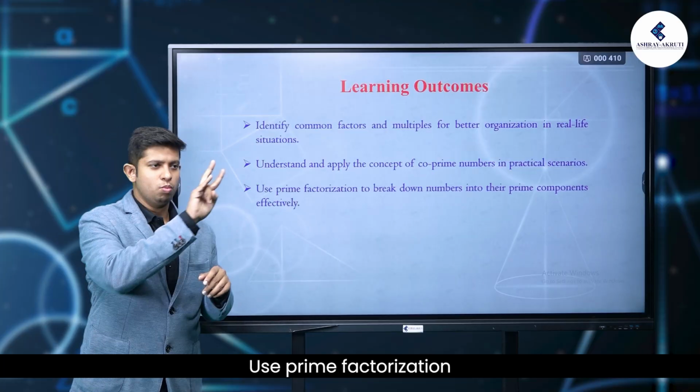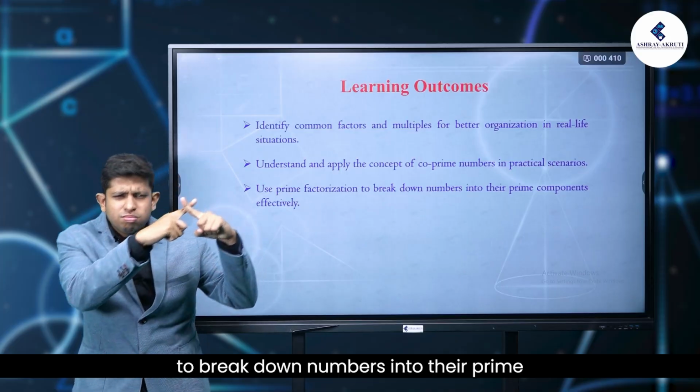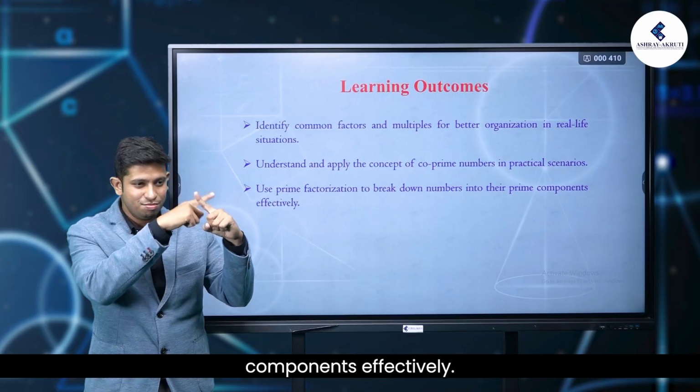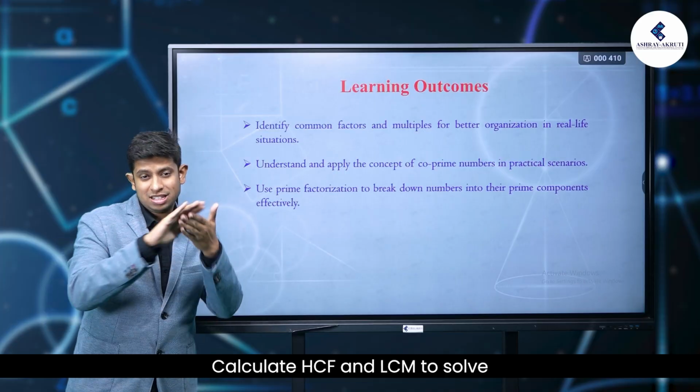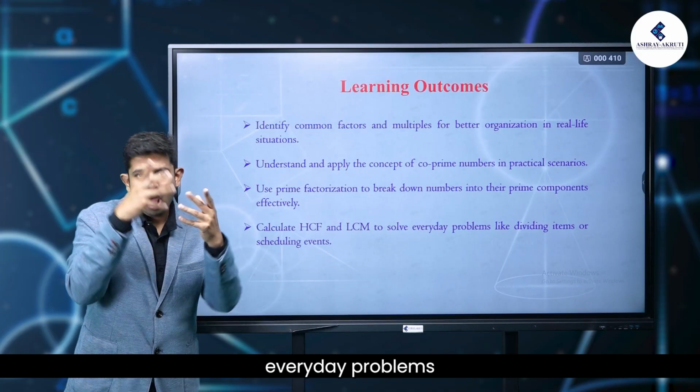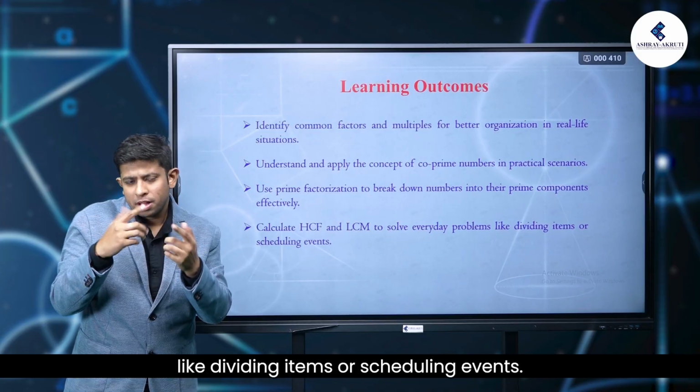Use prime factorization to break down numbers into their prime components effectively. Calculate HCF and LCM to solve everyday problems like dividing items or scheduling events.